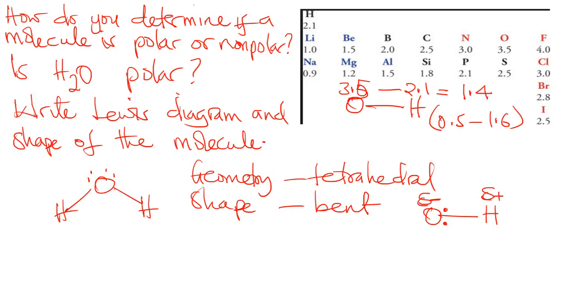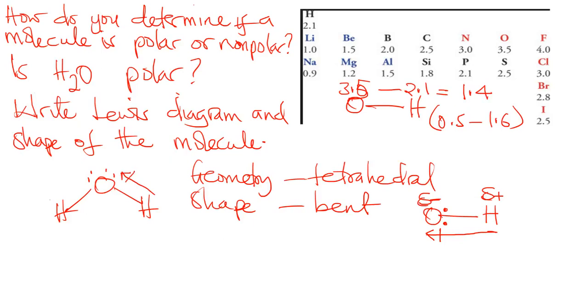So you show an arrow indicating electrons are moving from hydrogen towards the oxygen. So I'm drawing an arrow to indicate the electrons going towards oxygen here.